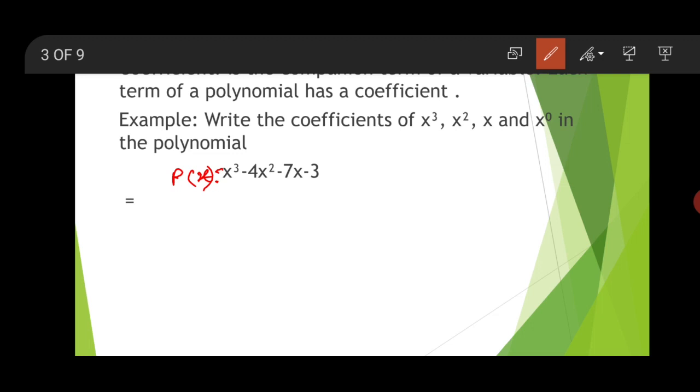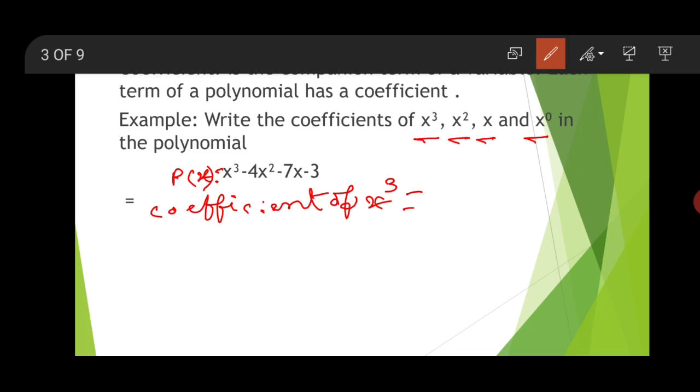Now write the coefficients of x cube, x square, x and x power 0. So what is the coefficient of x cube here?